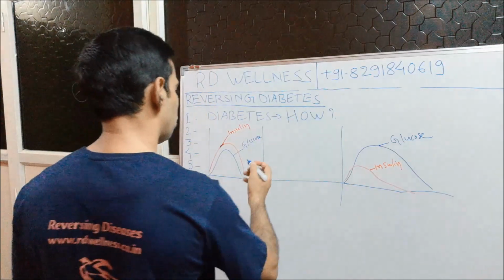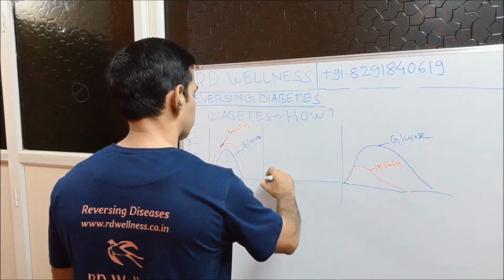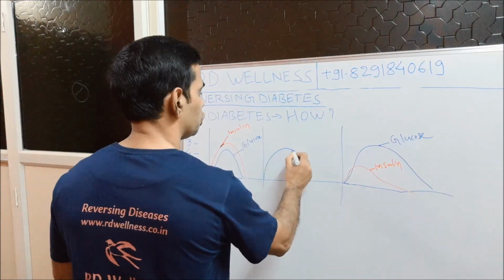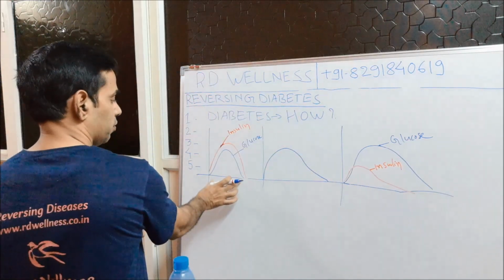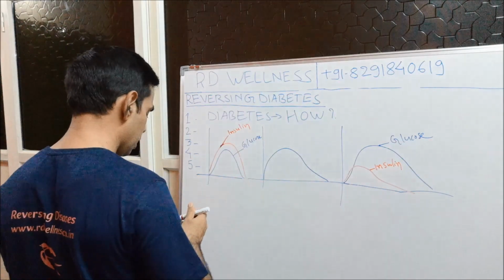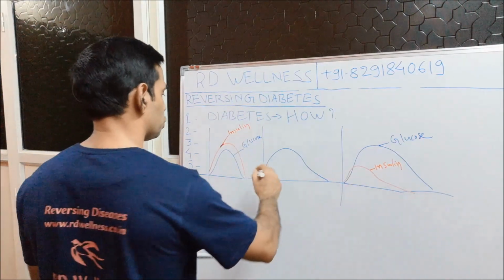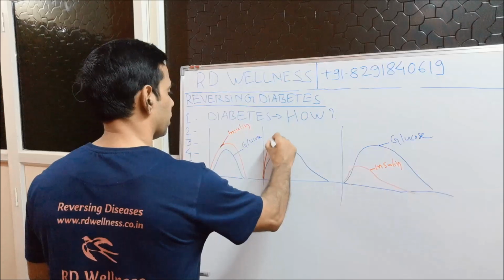So a typical graph can be, if this is your sugar, which stays for a longer time as compared to this very short time, then your insulin is going to be released in much higher amount.